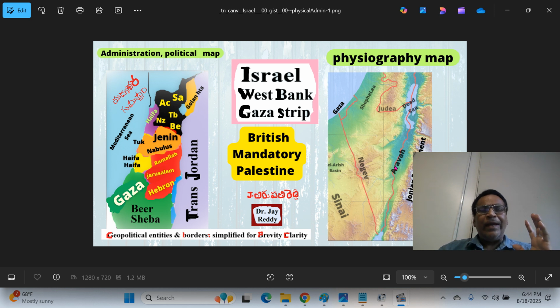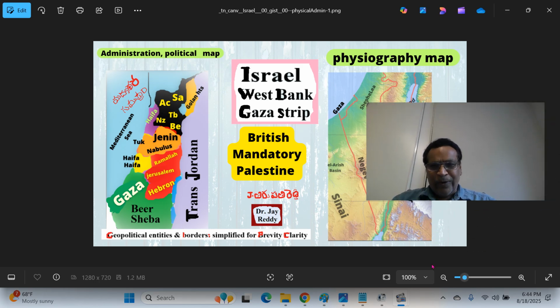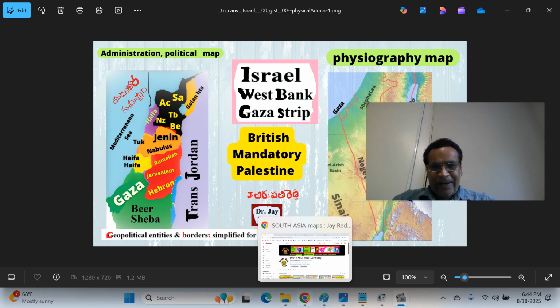Here we will look at the terrain with respect to physical features, mountains, plains, peneplains, water bodies, whereas here we have just a two-dimensional geopolitical view. This will give you a broader, deeper understanding of a particular region.